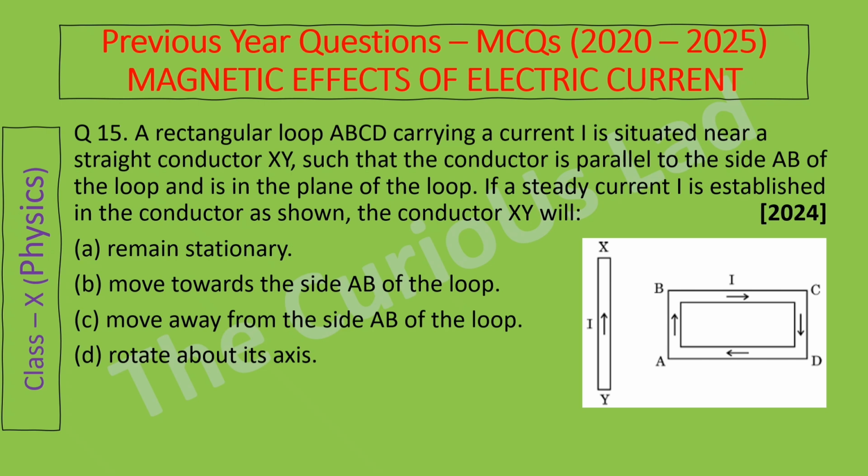If a steady current capital I is established in the conductor as shown, the conductor XY will: option A, remain stationary; option B, move towards the side AB of the loop; option C, move away from the side AB of the loop; or option D, rotate about its axis. And the correct answer is option B, move towards the side AB of the loop.